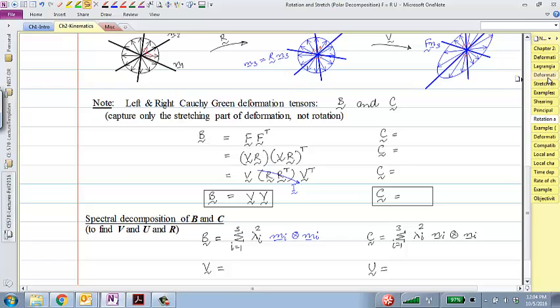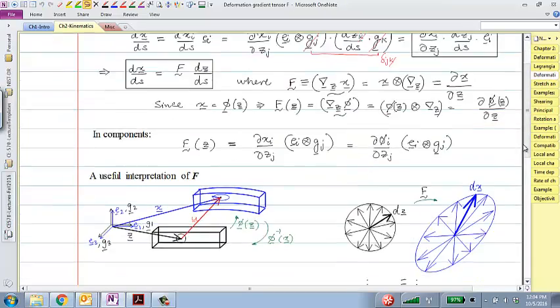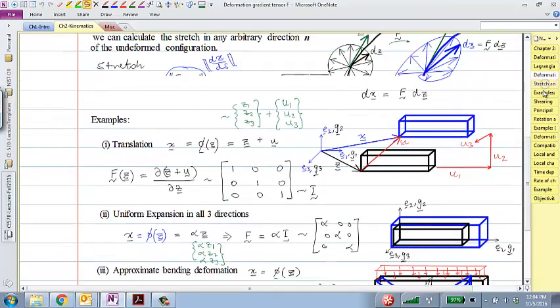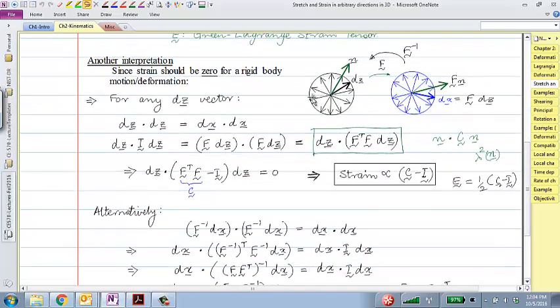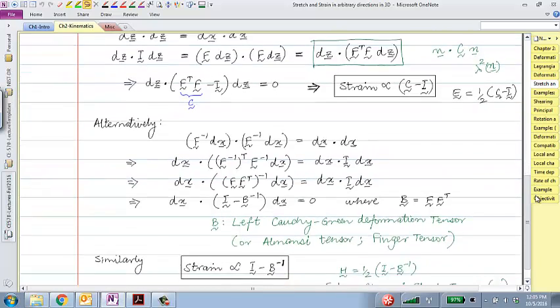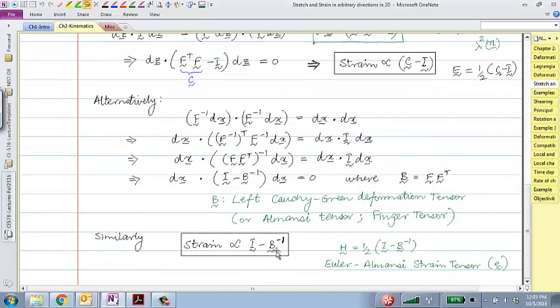This was way back, probably somewhere here, right? So if the effect of F is only to do a pure rotation, then we found two definitions of strain which were proportional to C minus I or I minus B inverse. This B inverse is what I'm talking about.